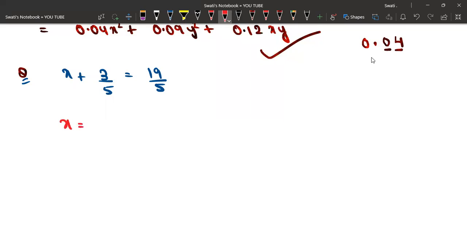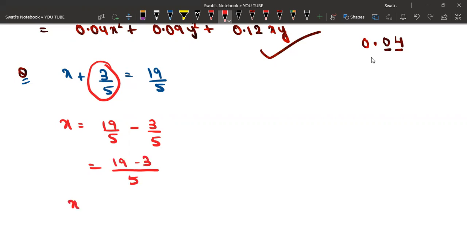So x will become 19 by 5, and I am shifting this plus 3 by 5 to the other side, so this will become minus 3 by 5. If you take the LCM, it will become 5 and then 19 minus 3. So the value of x is 19 minus 3, that is 16, so 16 by 5. That's the answer. Now we can go to the next question.